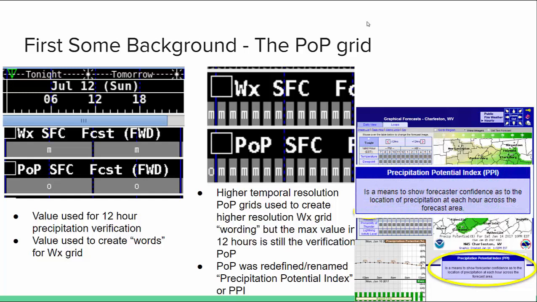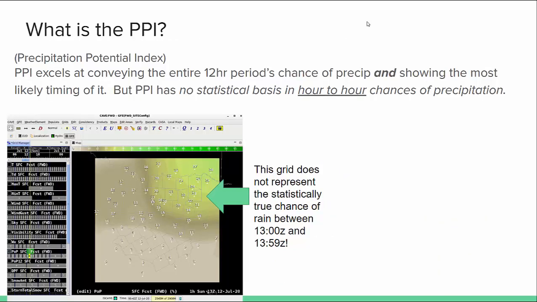And there's even the definition there to show that it's for forecaster confidence as to the location of precipitation each hour across the forecast area. If I were to reiterate, the PPI excels at conveying the entire 12-hour period chance of precip, and then showing the most likely timing of it.